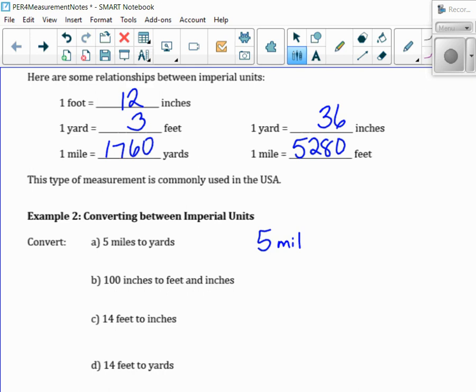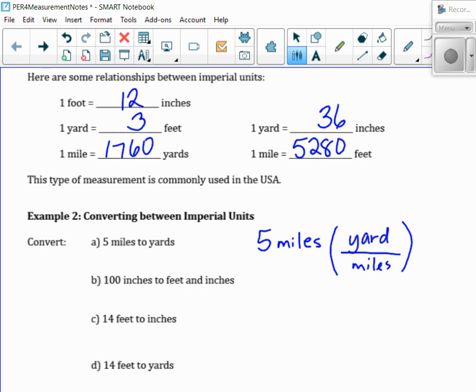So anyways, we're starting with 5 miles. Because we want yards, we need to have yards in the top position. So I need yards here, and I need miles here. Does everybody see what I mean by unit analysis?